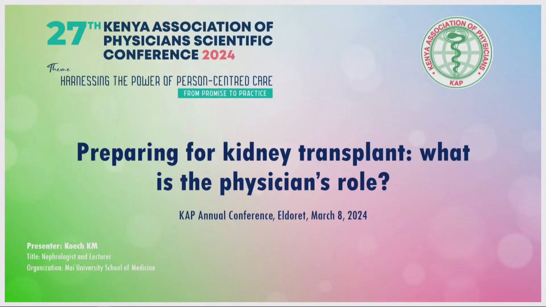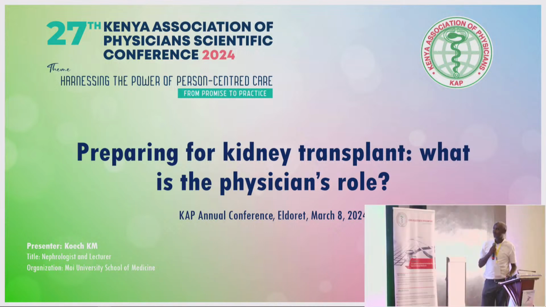I think Joyce has really made a very good case and set the stage for what I'm about to say. Since 2015, there's been tremendous improvement in the service of nephrology in the country. There's dialysis in every county now. There should be at least 5 machines in every county. Some counties have more.